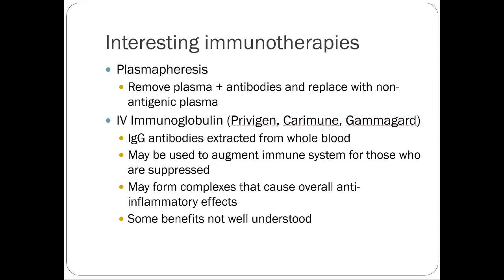It doesn't matter what the brand names are, that's all IVIG. What they do is form complexes that cause an overall anti-inflammatory effect in the body. We don't really understand the benefits, but it's used pretty broadly in a number of different diseases. So you might see that, especially if you work in rheumatology or areas where we're working with manipulating the immune system.